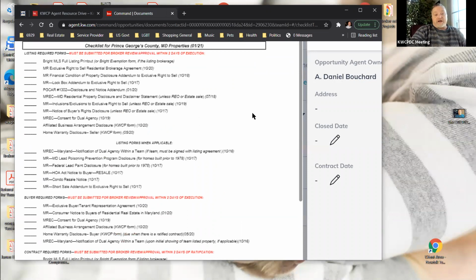We're not going to go through this at this stage, but I want to point out that's where the checklist lives. It also lives on the welcome drive as well, if you want to look at it there.